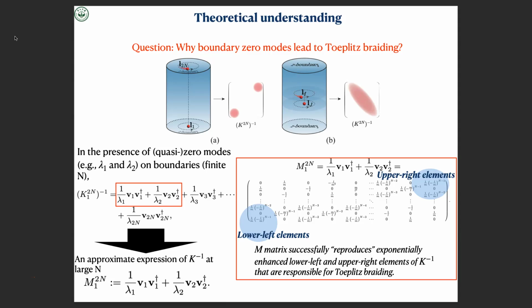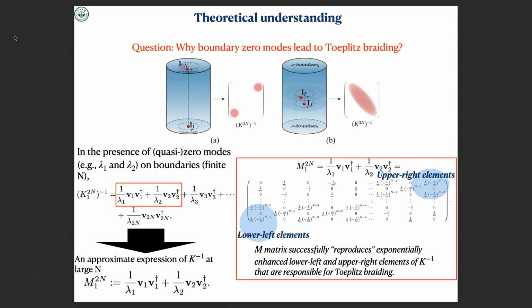We just preserve the first two terms that are contributed by this quasi-zero mode. We find that in this approximation, the lower left and upper right elements successfully reproduce the exponentially enhanced lower left and upper right elements of K inverse.